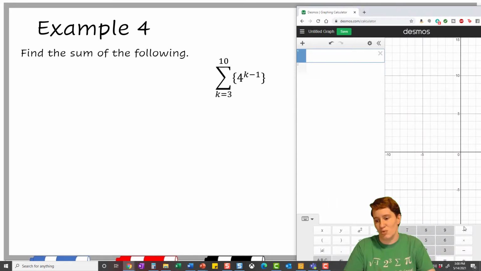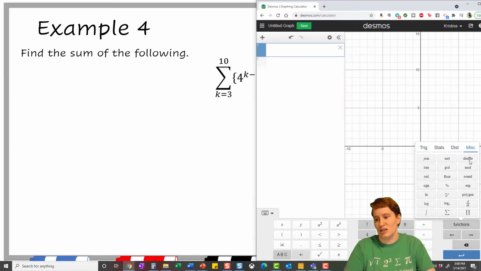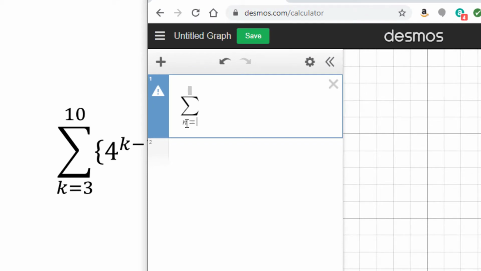You just press the keyboard and go over to functions and miscellaneous and then pick the sigma. And whatever letter you put here, like Desmos has in, just needs to be the same letter over there. I can actually change it to K if I want to, and on your TI calculator you can use K by looking up above the buttons at what the letters are.